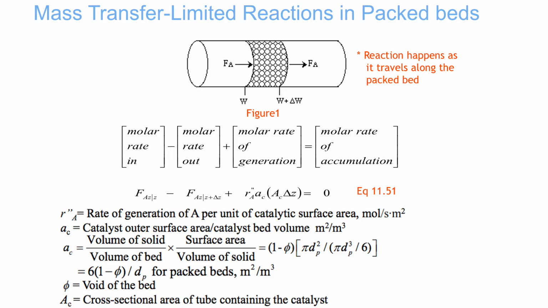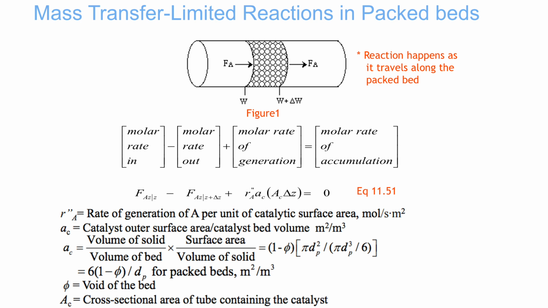A few industrial reactors are prone to have mass transfer limited reactions because the reactions are carried out at high temperature, due to they want less occurrence of side reactions.